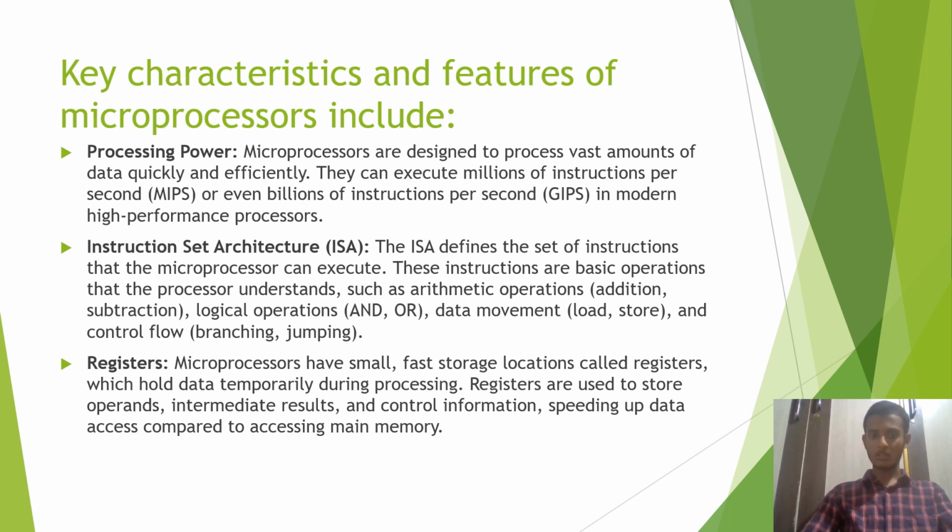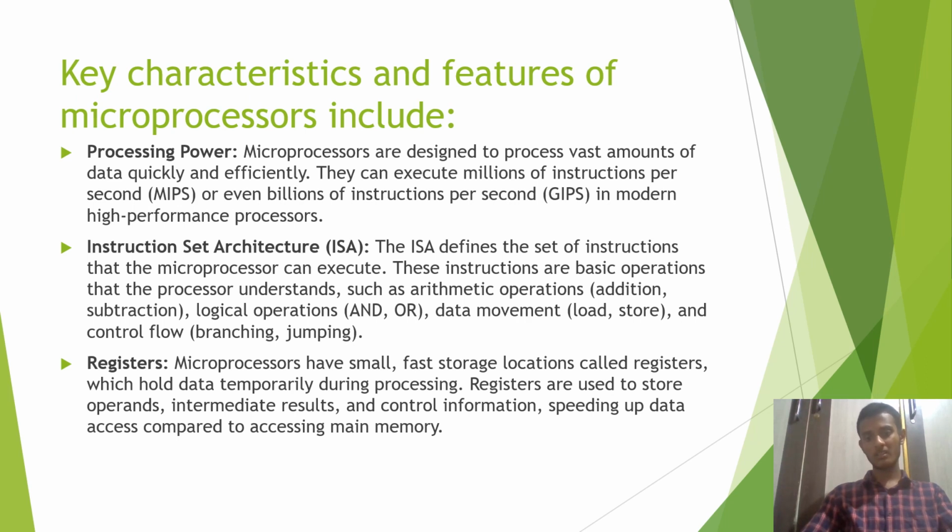Processing power. Microprocessors are designed to process vast amounts of data quickly and efficiently. They execute millions of instructions per second, or even billions of instructions per second in modern high performance processors. Instruction set architecture. The instruction set architecture defines the set of instructions that the microprocessor can execute.